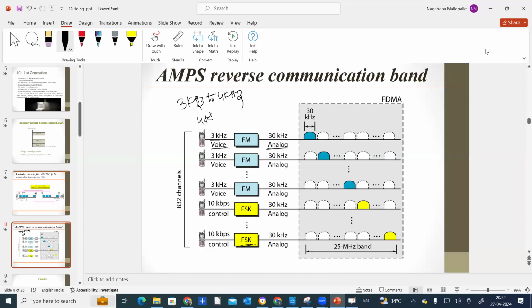In the entire city, at a time, only 832 people can communicate, not more than 832, because there are 832 channels. Definitely, I can say not efficient. At that time, thousands of people had taken connections, but only 832 could communicate. Got my point?